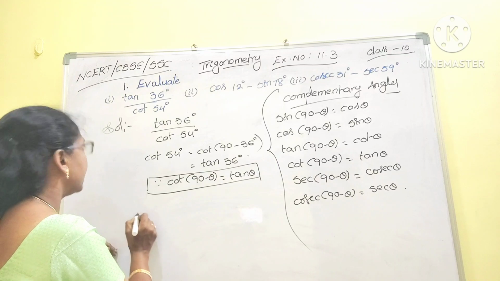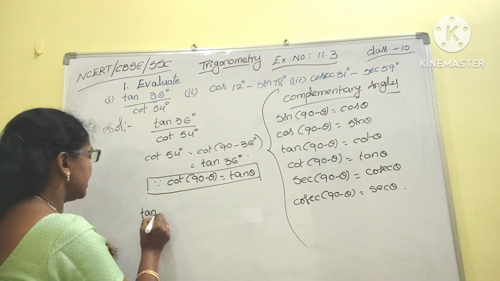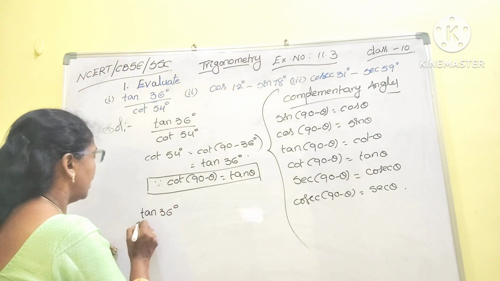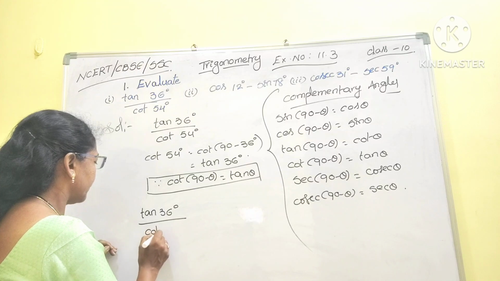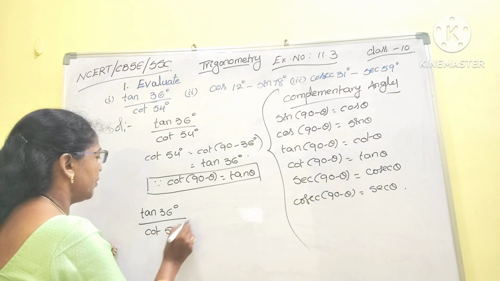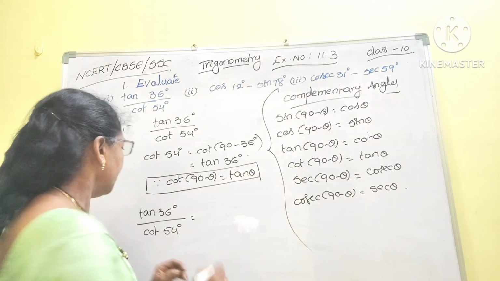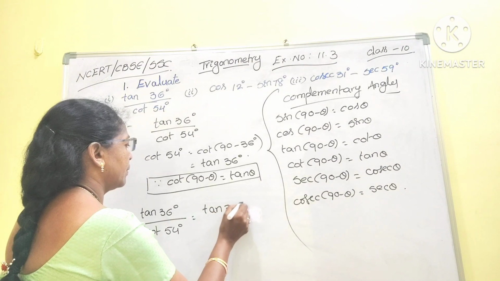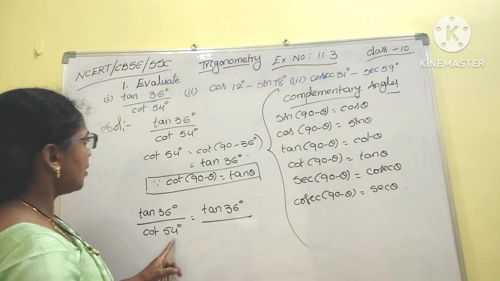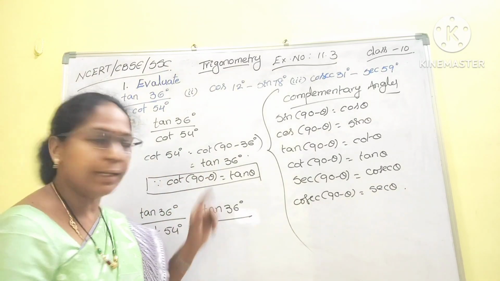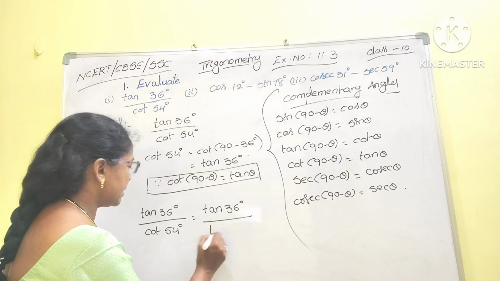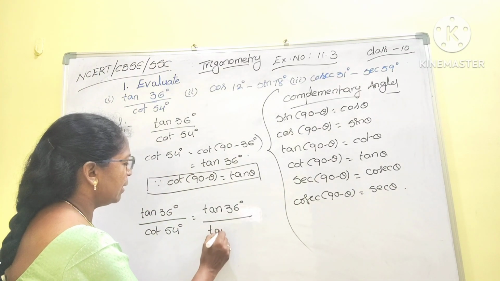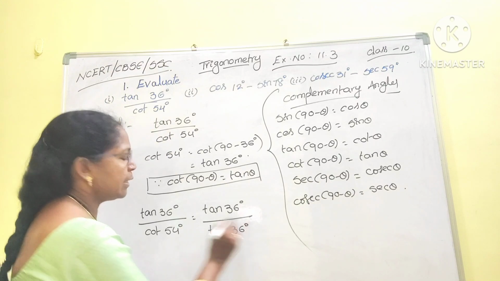Now the given expression is tan 36 degrees divided by cot 54 degrees. Instead of cot 54, I already proved it equals tan 36 degrees, so you can write tan 36 degrees.